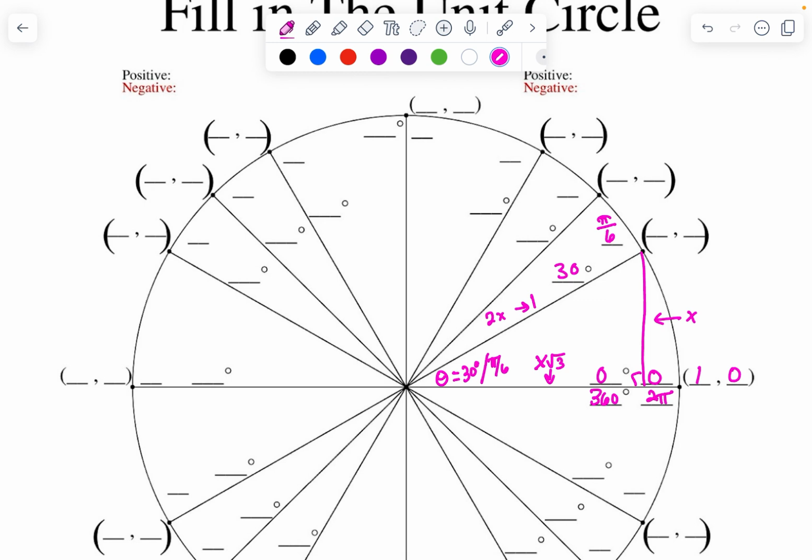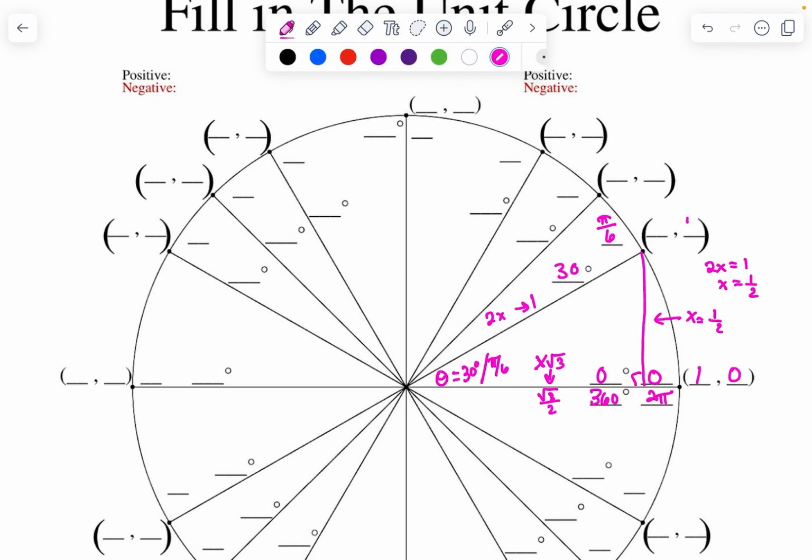So if we think about the fact that 2x has to equal 1, we understand that x is now 1/2. So this is 1/2, and then this would be square root of 3 over 2, because 1/2 times square root of 3 would just be square root of 3 over 2. So then the sine of 30 degrees is 1/2 over 1, which is just 1/2.